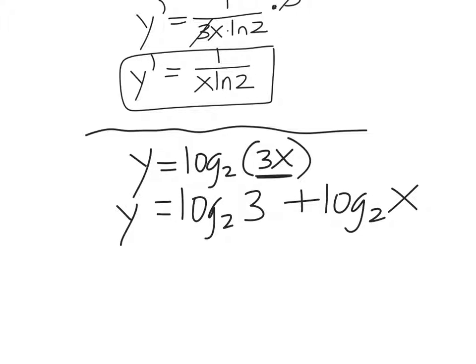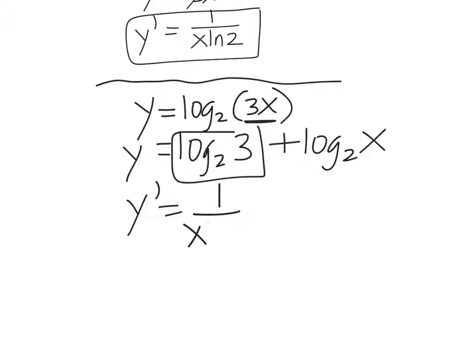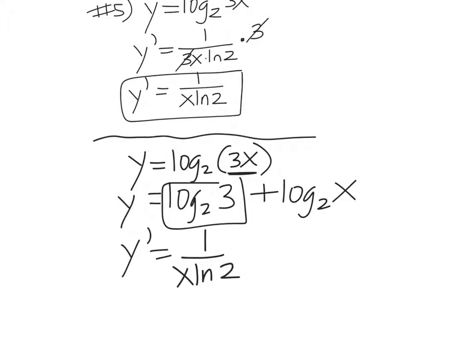When it's times, it ends up being addition for your log properties. And this is just a constant. So what's the derivative of log base 2 of 3? It's 0. And then the derivative of log base 2 of x would be 1 over x natural log of 2. It's the same answer. Interesting. Two different ways, using log properties or using chain rule.